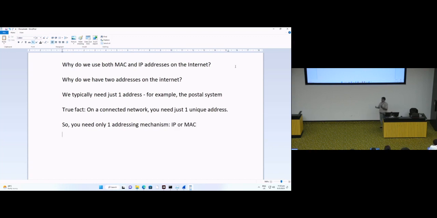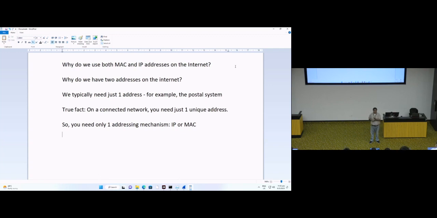Now IP addresses by definition are unique. Now they can change, but the protocol does not support you assigning the same IP address to two network interfaces. You can manually do it, but then you're violating the protocol.